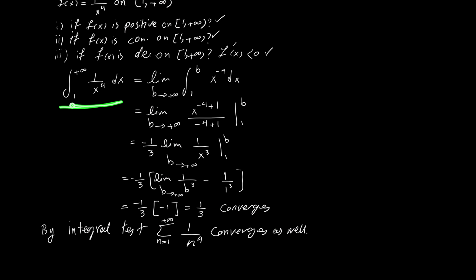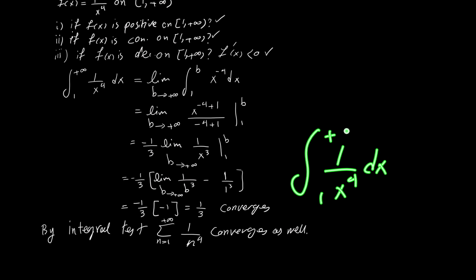But if the integral converges to a specific number, it doesn't mean that the summation of the series is that specific value. So the integral of 1 over x to power 4 dx from 1 to positive infinity does not definitely equal the summation of the series. It can happen in some cases that they are equal to each other, but it is not a rule.